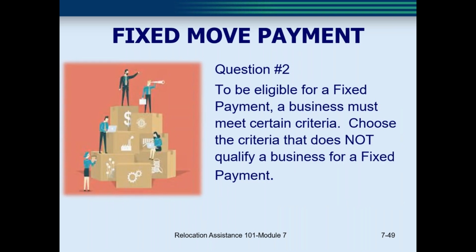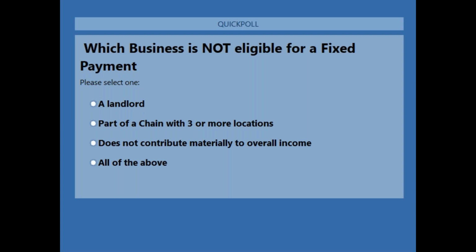Question 2, to be eligible for the fixed payment, a business must meet certain criteria. Choose the criteria that does not qualify a business for a fixed payment. What situation would make them not eligible for a fixed payment?